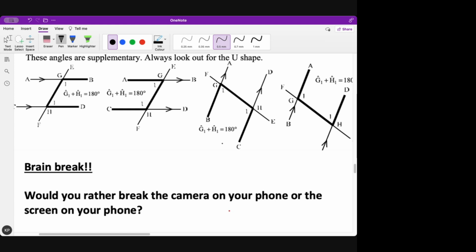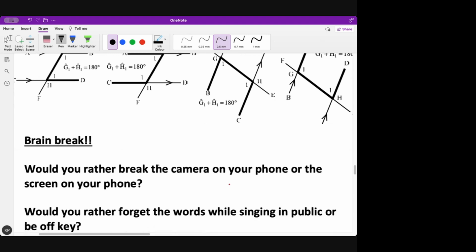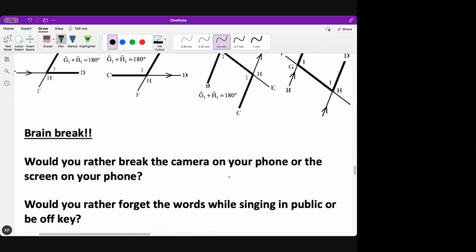I see guys. Is anyone saying they'd rather break the screen? I haven't seen anyone say, there we go. Why would you rather break your screen? There's two of them. Guys. Oh my goodness. Okay, the next one. Would you rather forget the words while singing in public or sing off key?